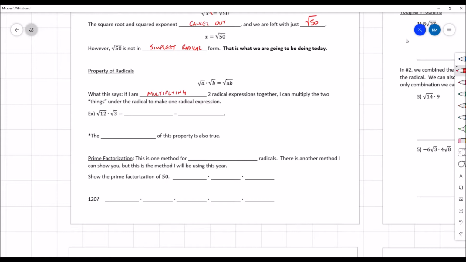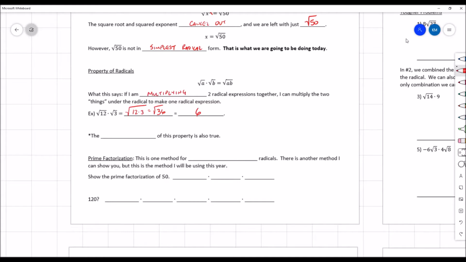For instance, if we have radical 12 times radical 3, they're both underneath the radical, so we could rewrite this as radical 12 times 3, which gives us radical 36. And if you remember, the square root of 36 is 6.